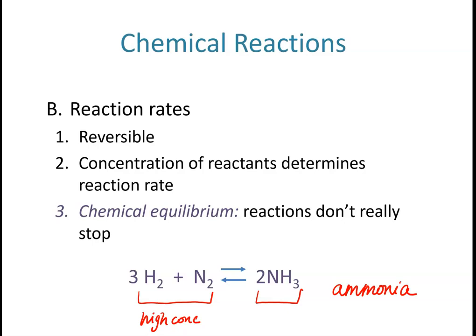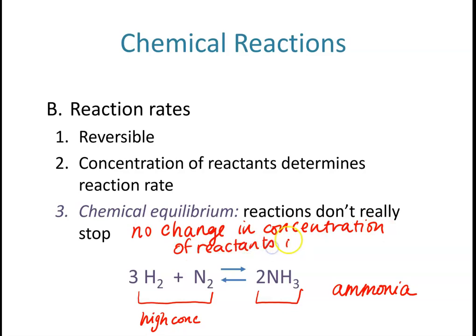Eventually, a reaction is going to reach chemical equilibrium. Chemical equilibrium means that there's no change in the concentration of reactants and products. This does not mean that the reaction stops.